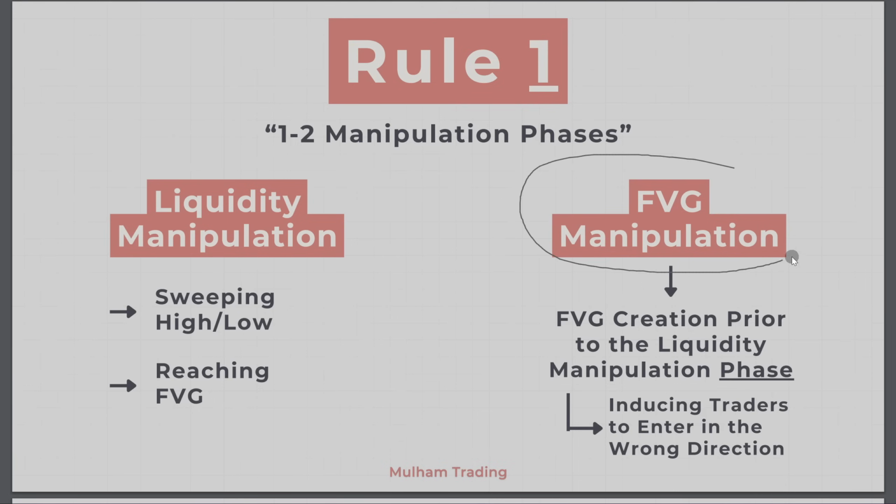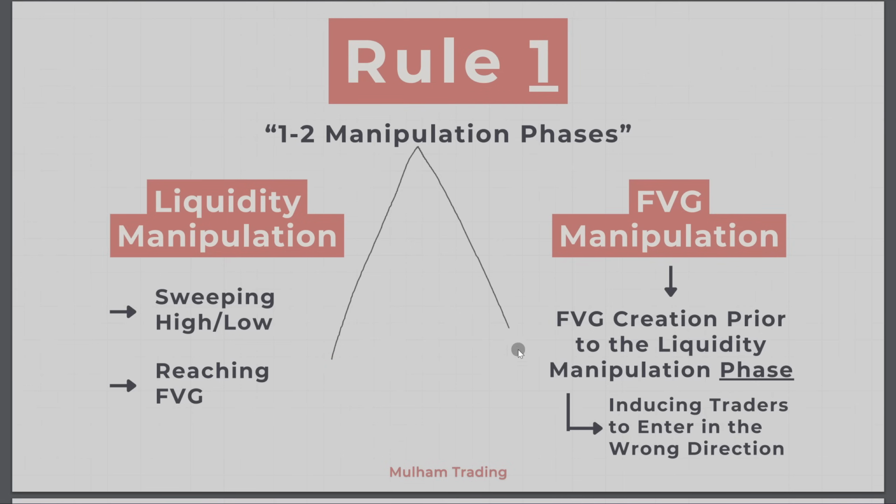And what is the main purpose of the fair value gap manipulation? It is actually to induce traders to enter in the wrong direction, creating liquidity, and then using that liquidity to actually enter trades in the right direction. So we have a bullish fair value gap before reaching a liquidity level. That bullish fair value gap, a lot of people would enter from, then price might just go higher a bit and then go lower.